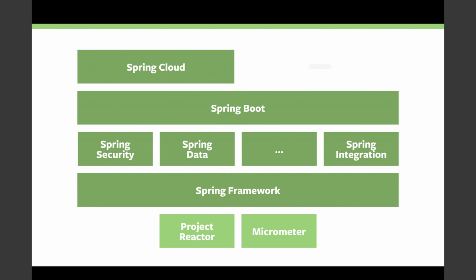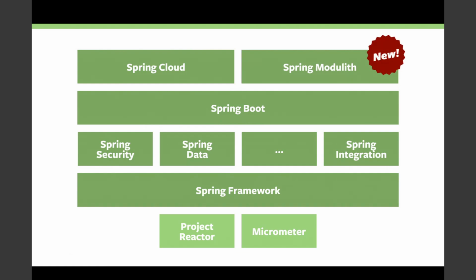What we did with the Spring Modulith project is, we looked at what kind of goals companies are usually trying to achieve when they maybe move to microservices, right? Is it getting to more maintainable applications? Is it being able to test parts of their applications, like logical business parts, in isolation?